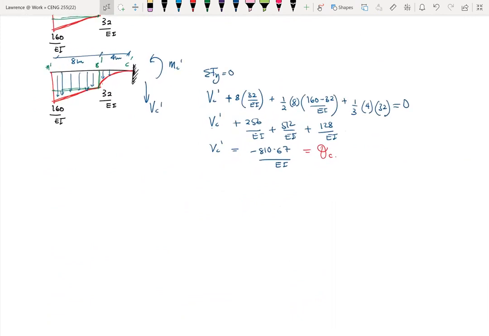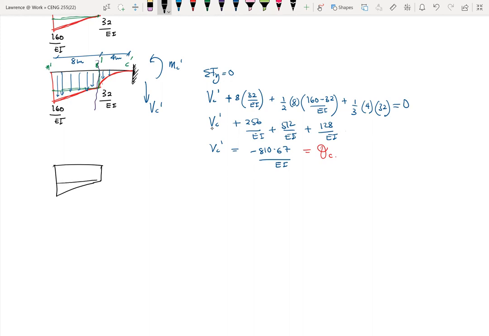Okay. Now we want to find the moment at B, which will give us the delta B. So again, we cut a section at B. You can either use the right-hand side or the left-hand side. I think that in this case, the left-hand side is still easier. So I have a section like this.